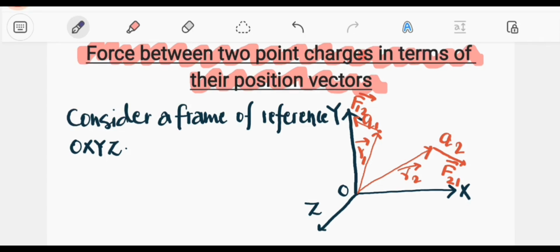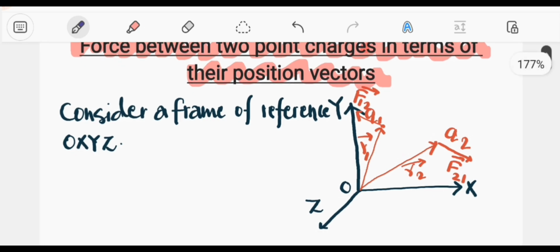So students, now here we can see the position vectors. This will be the direction, this will be the direction, that is R21 cap. So let's consider this frame of reference with similar point charges, and let us also name them.